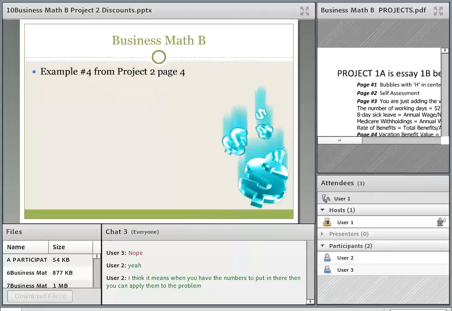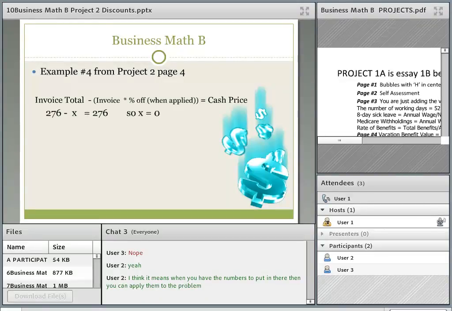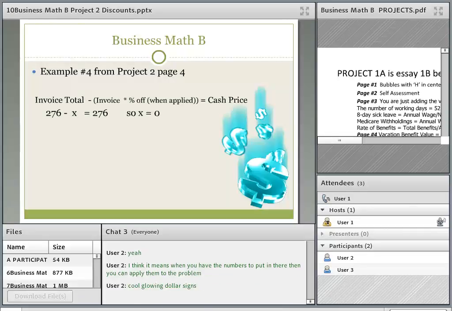Okay, now we're still on the same page for this one. And we're still working with invoice totals. So we're going to work on line 2, and if you notice, the invoice total and the cash price total are the same. So since they're the same, we actually know that you're just subtracting 0.